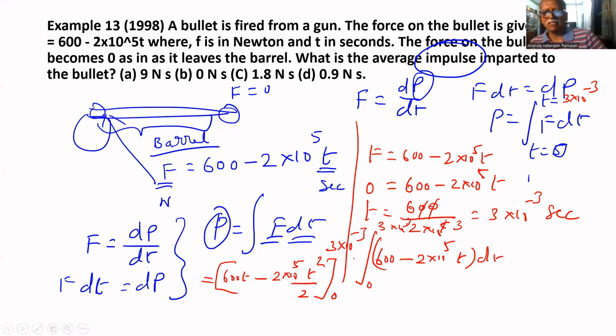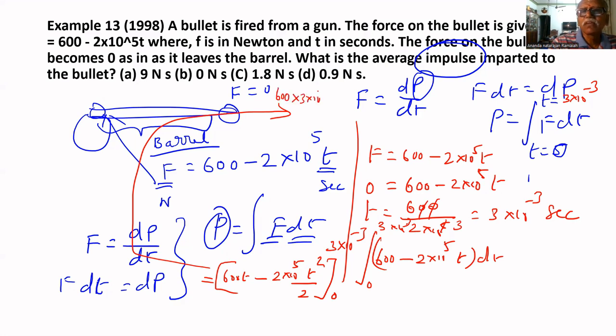Since you need P, we substitute t. So 600 times 3 into 10 power minus 3, minus 2 into 10 power 5 multiplied by t square, which is 9 into 10 power minus 6.